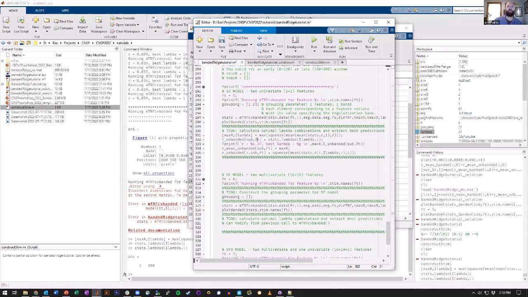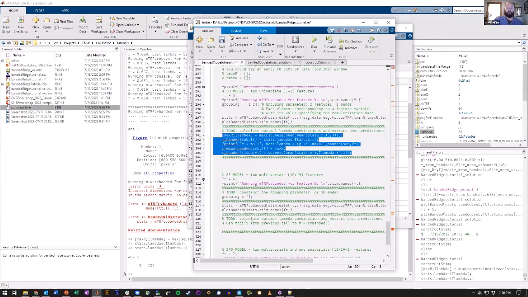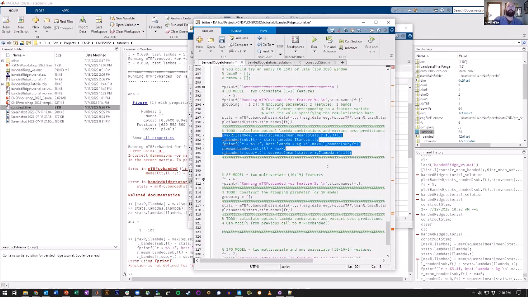So I just changed this to be a cell array. And if we want to change this to banded, so that we save everything appropriately. In this cell array, the size can vary across different models. So we'll just execute that as well.